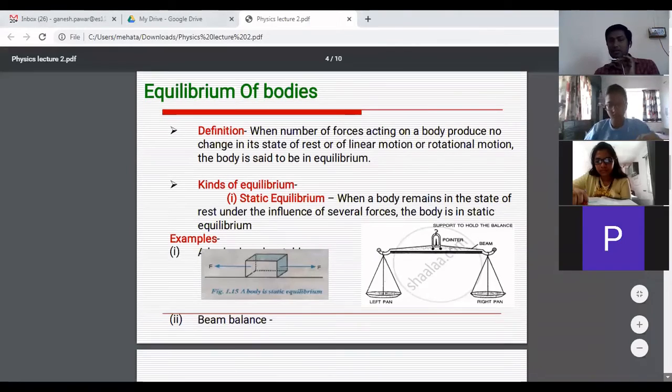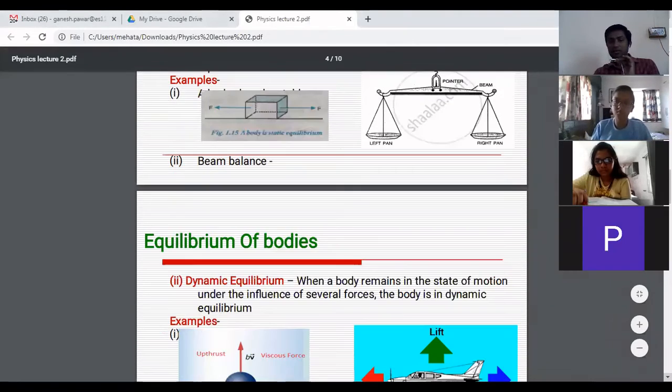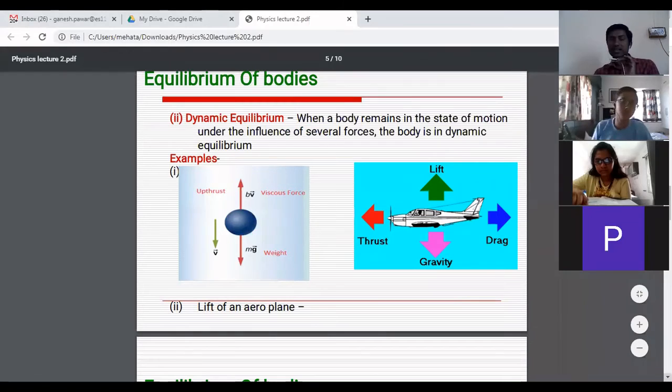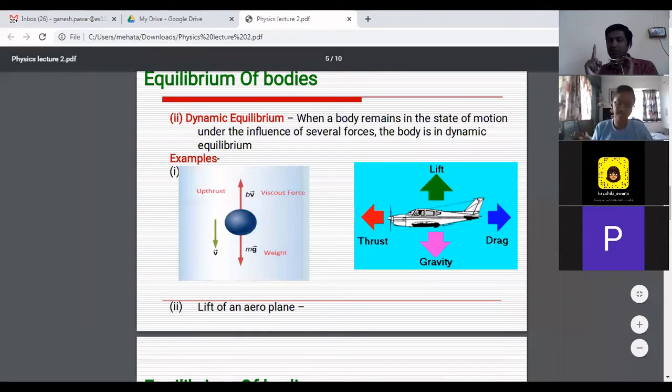Now the second equilibrium is called dynamic equilibrium. I told you that we have two states. State of rest: for that you have static equilibrium. Now if the body is in a uniform motion, that can be either a uniform linear motion or a uniform rotational motion.